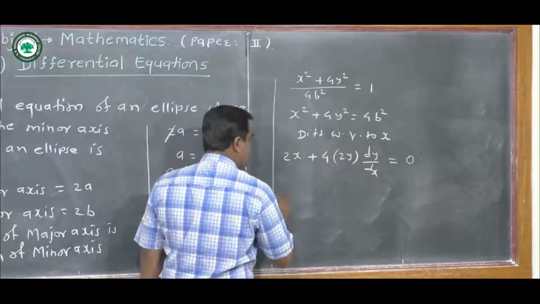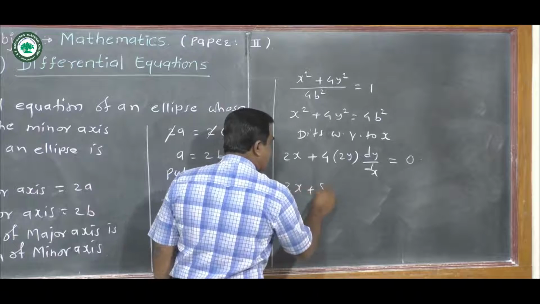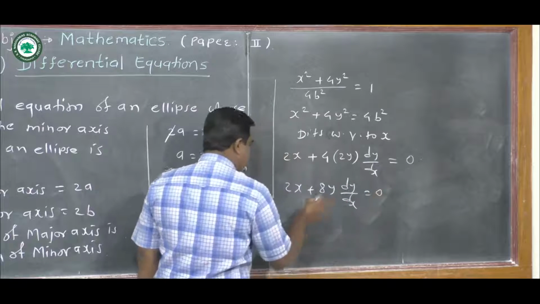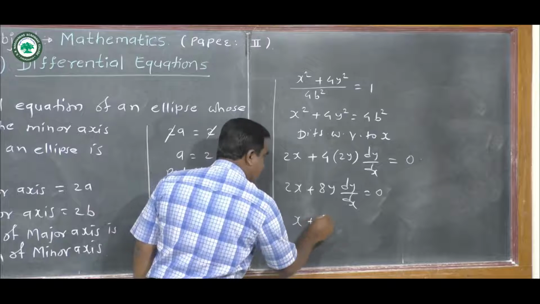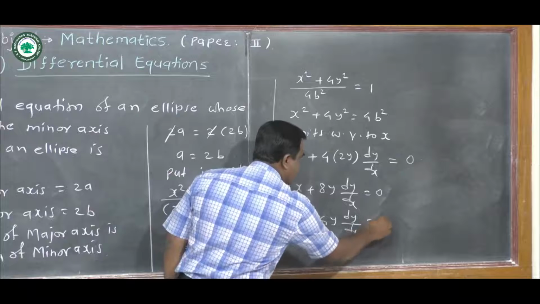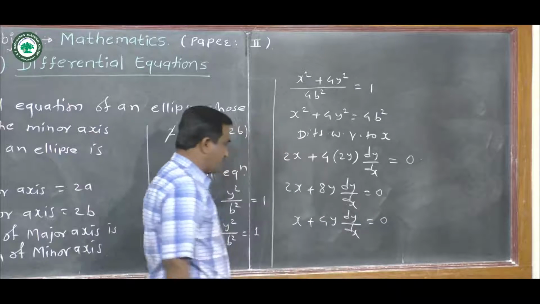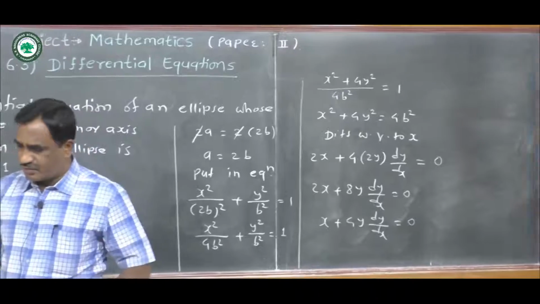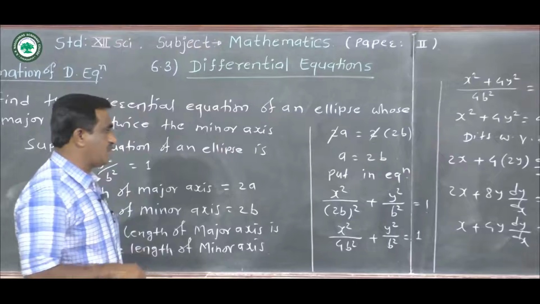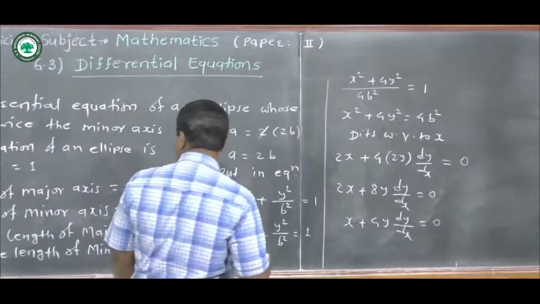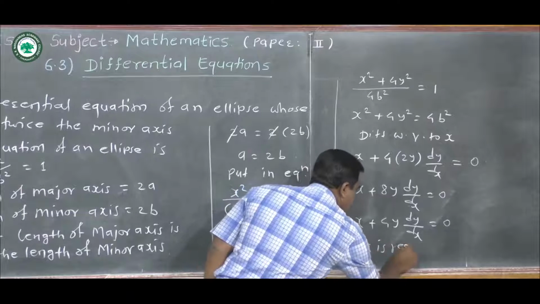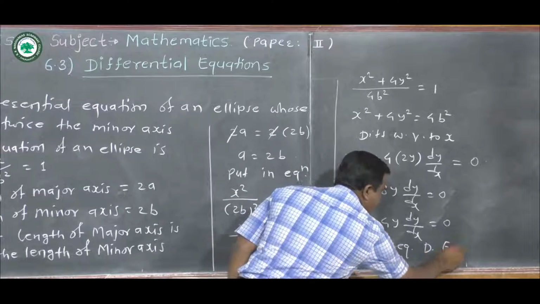That is, we can write here 2x plus 8y into dy by dx is equal to 0. Dividing by 2, we can write here x plus 4y into dy by dx is equal to 0. Okay. This is the required differential equation for the given example.